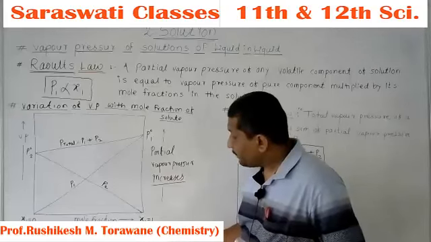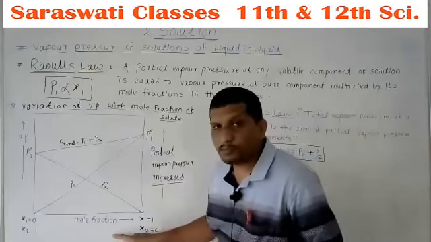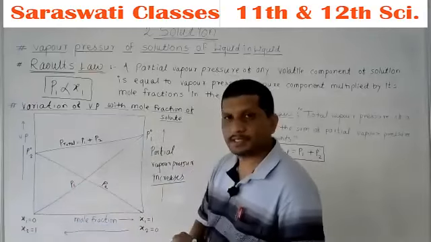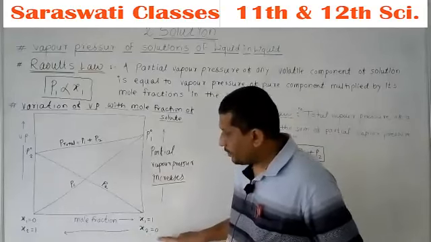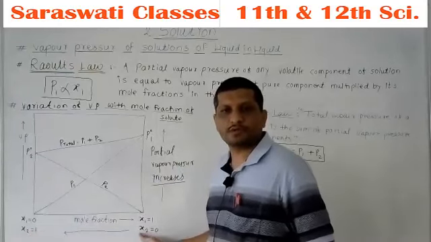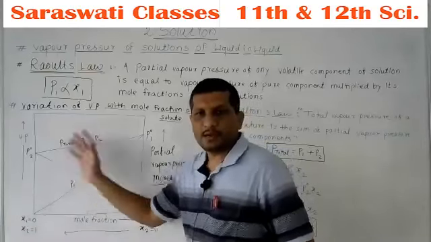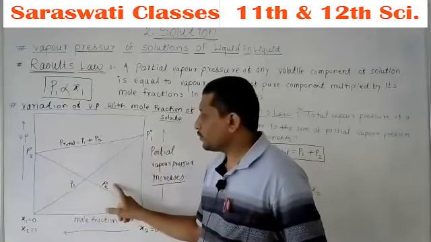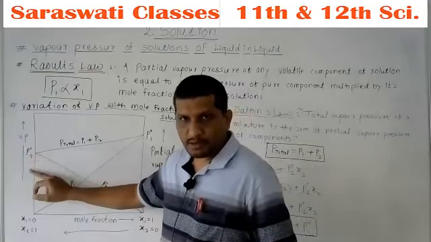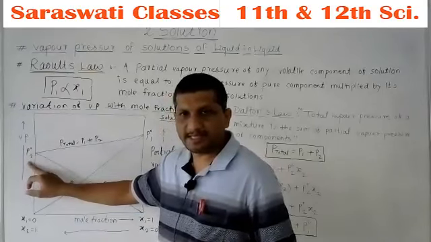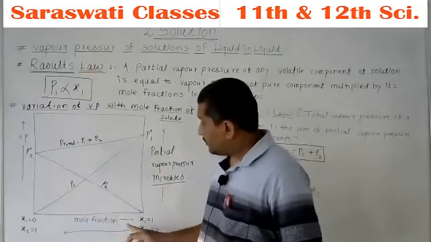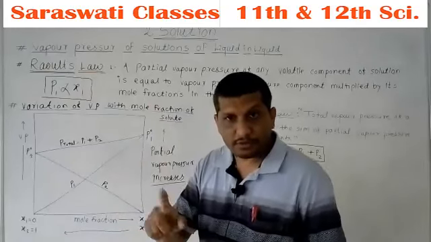When x2 is 0 and the mole fraction increases, P2 increases. Moving from right to left, x2 goes from 0 to 1, and P2 increases up to P naught 2, the partial vapor pressure of the second component. Hence in both representations the partial vapor pressure is directly proportional to mole fraction.